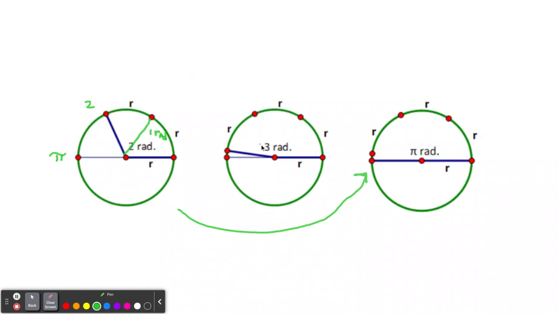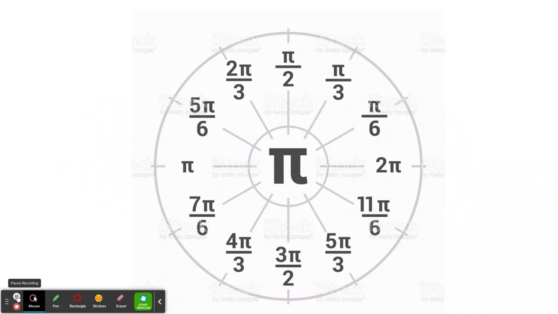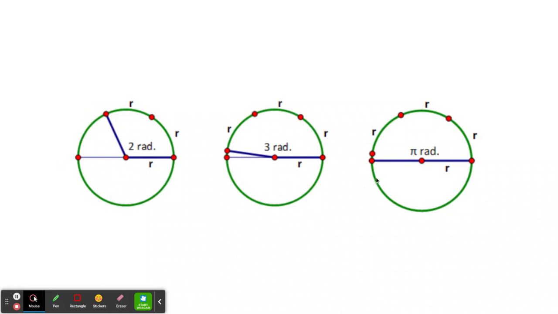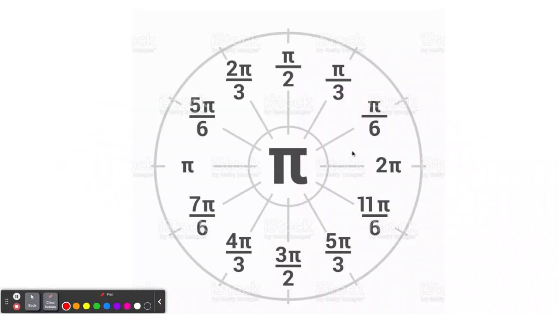What you're not seeing, I'll just put an arrow over here, the angle for 3 radians would be like this. And then you can see this circle here. We have 180 degrees is pi radians. And you can see we have pi over 6, which is 1/6 pi radian, and of course this would be 1/3, and so forth.